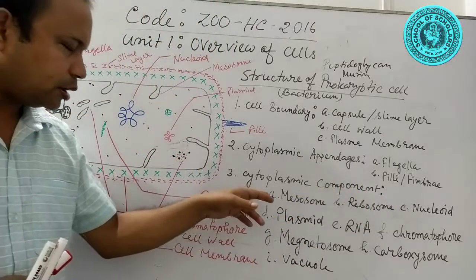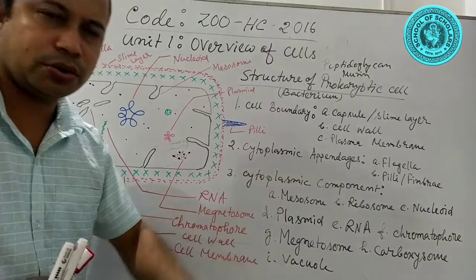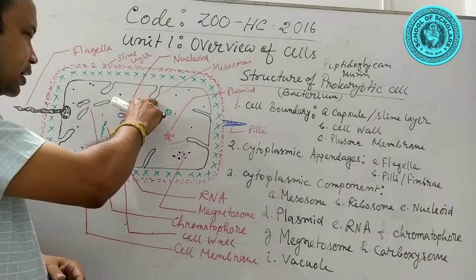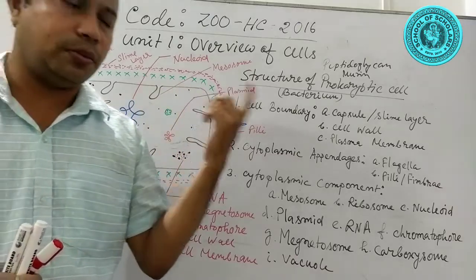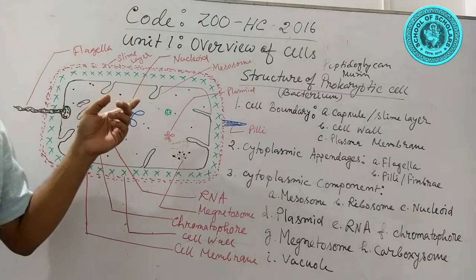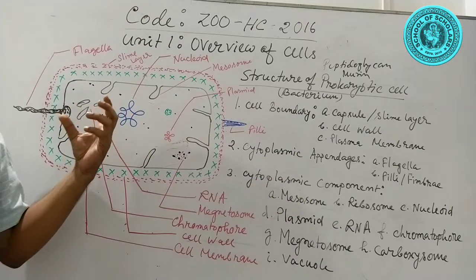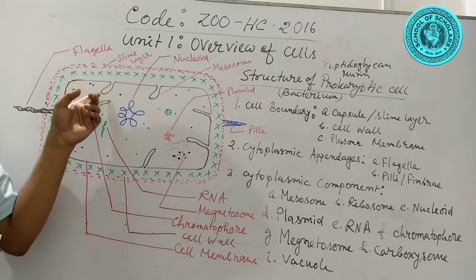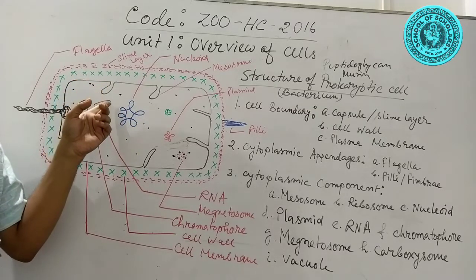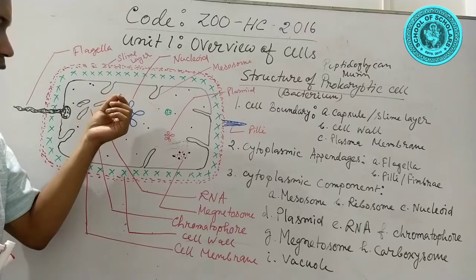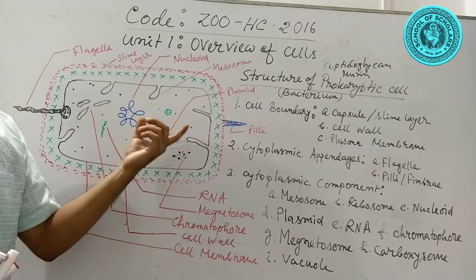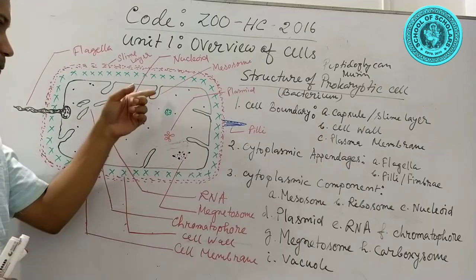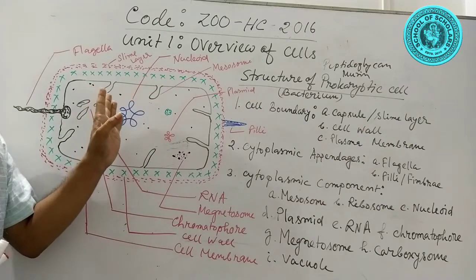First, I am going to describe the mesosome. These structures are called mesosomes. What do we mean by mesosome? Mesosomes are finger-like projections which develop from the cell membrane. This structure looks like the cristae of mitochondria in prokaryotes. They are structurally almost similar.